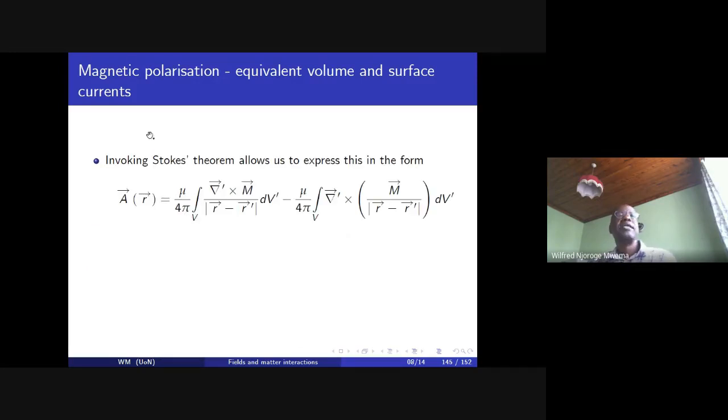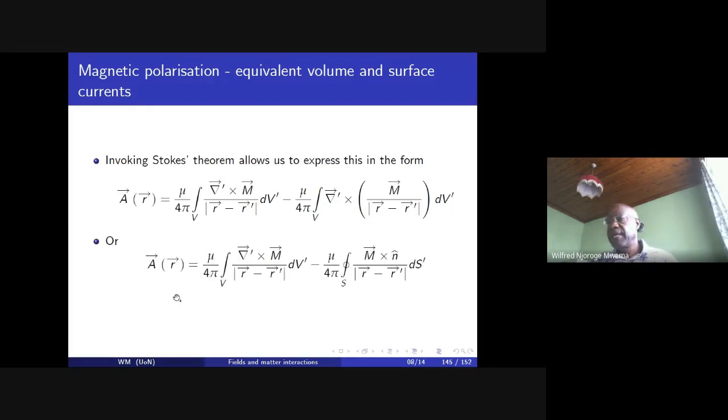And when we invoke Stokes' theorem, we can express this in the form of the integral of that, where we are using the del operator at the source, cross M, minus that there.